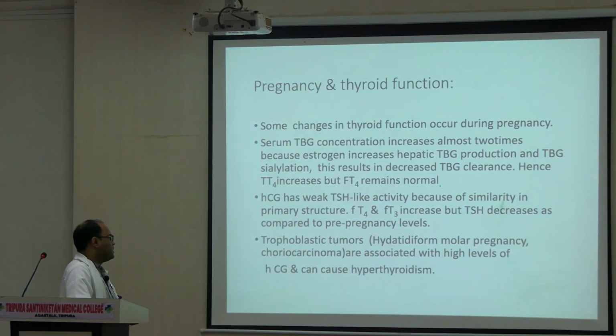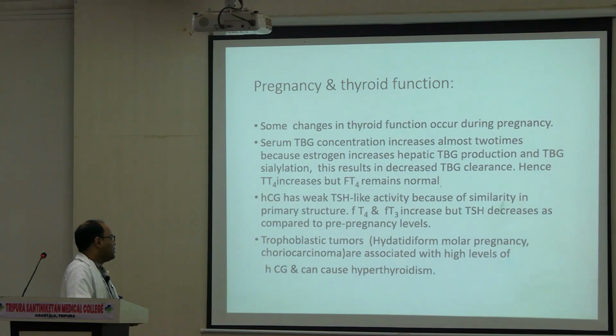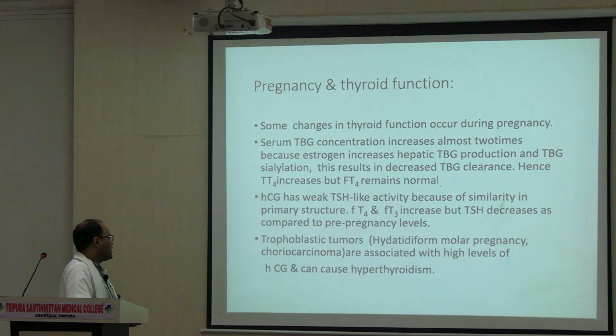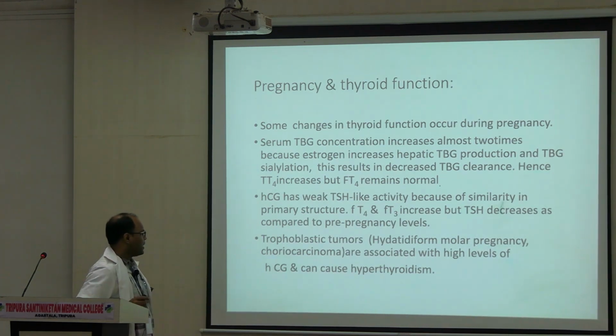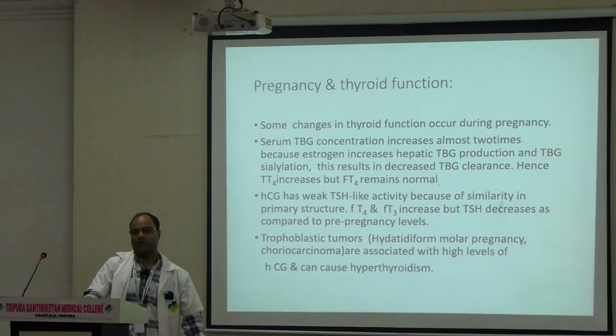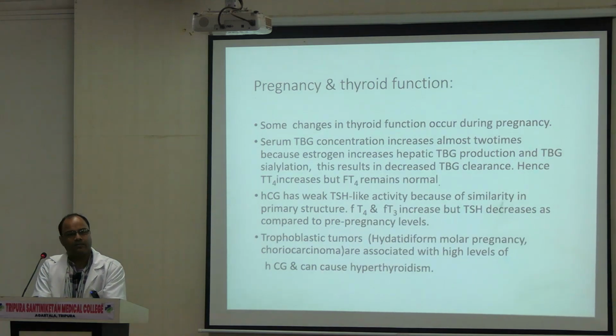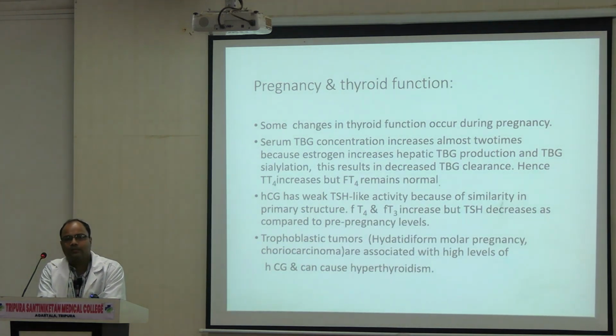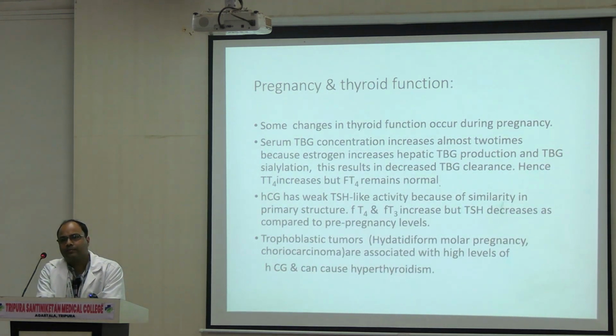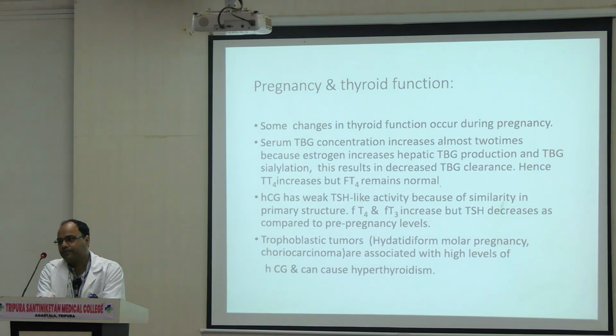Free T4 and T3 increase but TSH decreases compared to the pre-pregnancy level. Trophoblastic tumors like H-mole and choriocarcinoma are associated with high hCG levels and can cause hyperthyroidism. You may ask one or two questions from this slide also, 2 marks reasoning.